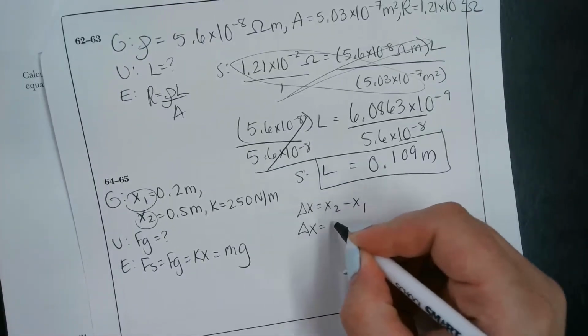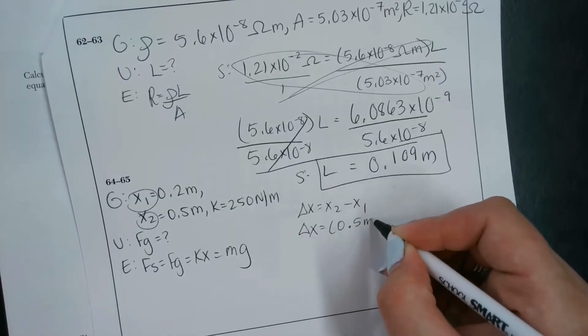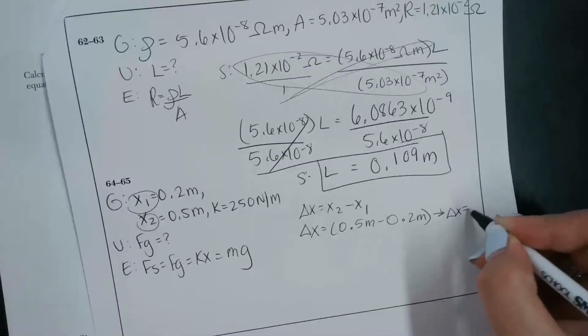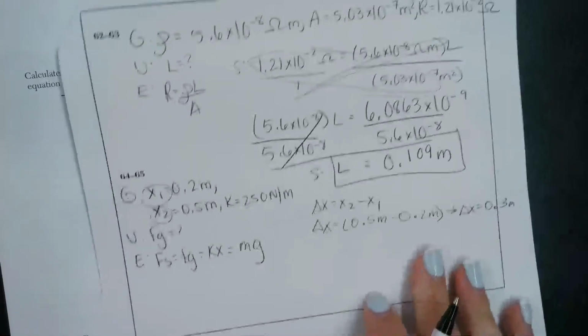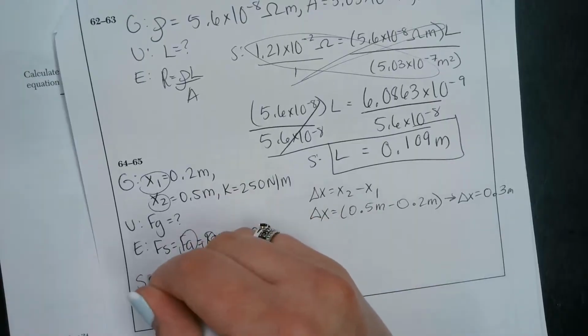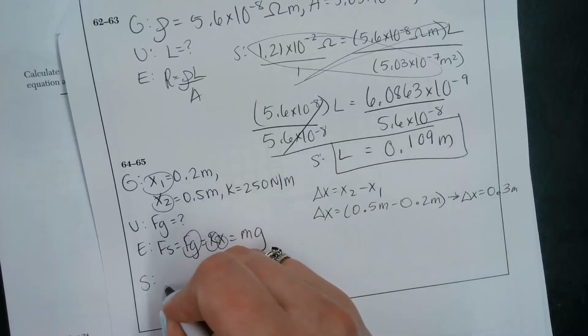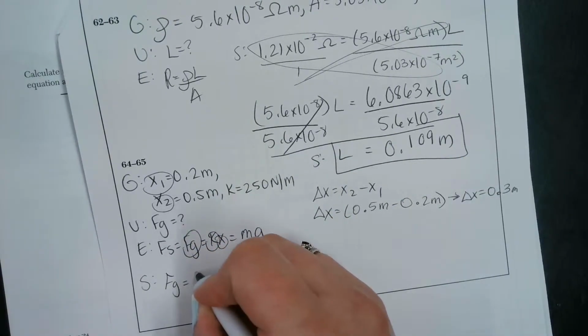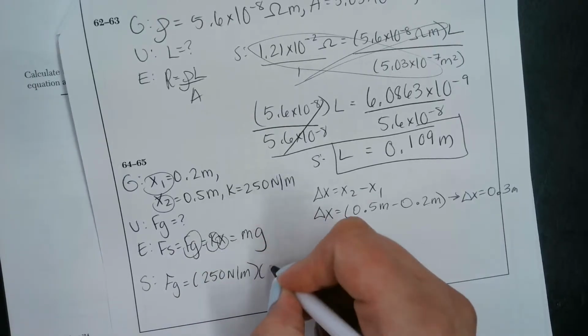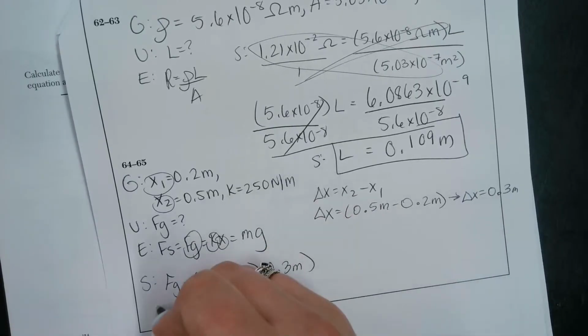So delta x is 0.5 meters minus 0.2 meters. So delta x is 0.3 meters. Okay, so I have an x, I have a k, and I'm looking for this. So we're going to say that Fg is equal to 250 newtons per meter times 0.3 meters.